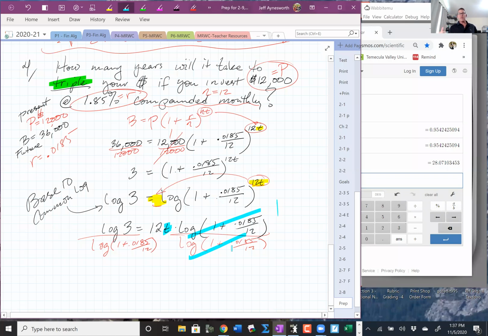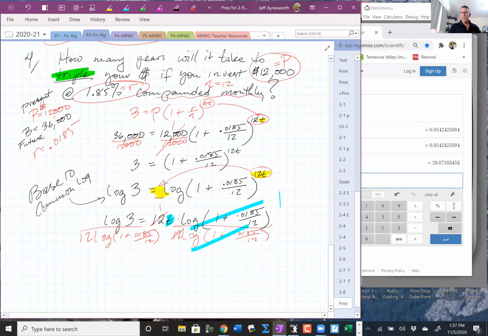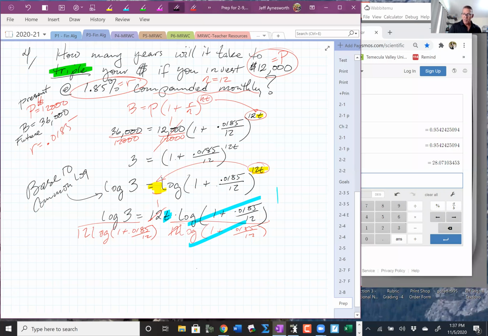So what else can we divide by to just isolate t all in one step instead of two steps? Oh, you could divide by 12. Yeah. Okay, so let's do that. I'm going to divide by 12 times the log. So include the 12. So these 12s cancel out as well. That would isolate t in one step.